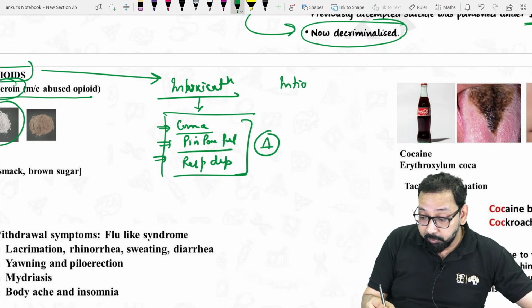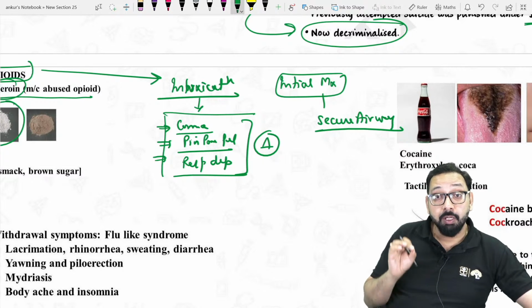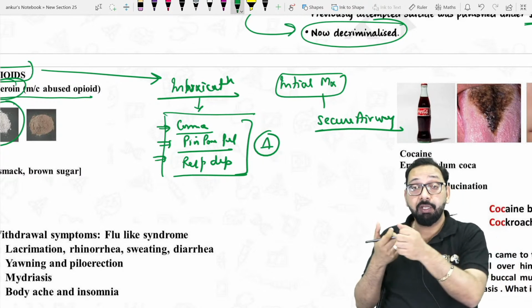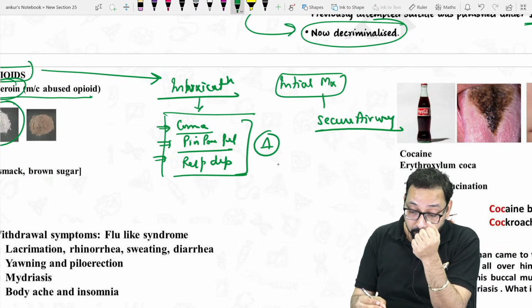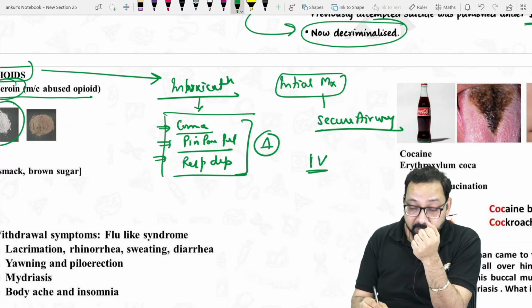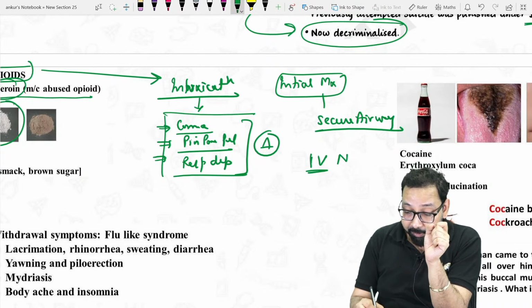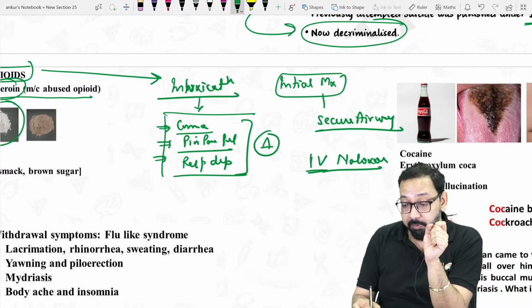Initial management: secure airway, meaning while you are preparing, you are giving IV naloxone. What I said, IV. One option was IV naloxone, one option was oral naloxone. So IV naloxone.